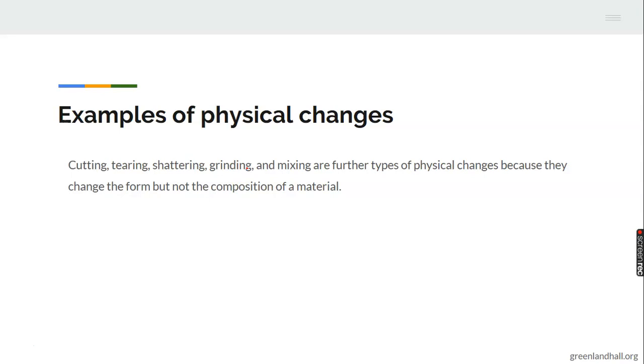The mass changes because it's kind of expanded right now. And mixing are further types of what? Physical changes, because they change the form but not the composition of the material.